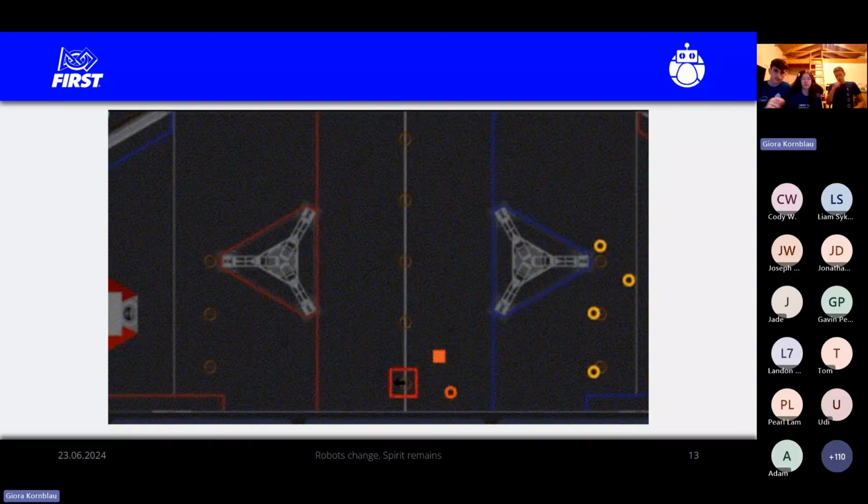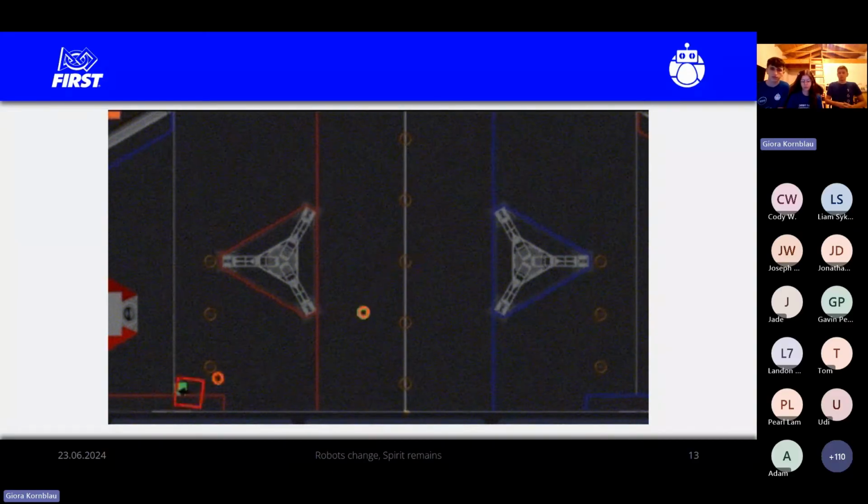As you can see here, there are a few nodes sometimes on the screen at the same time. The orange node is the node that we chose to assist to or drive to, and the yellow nodes are the nodes that the camera also saw, but we didn't choose to go to them.